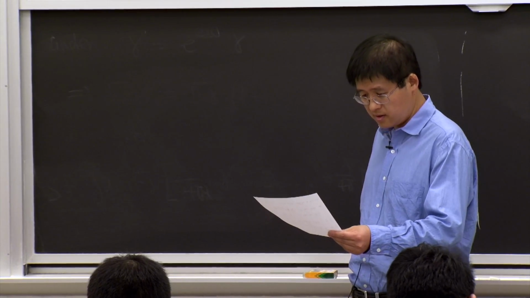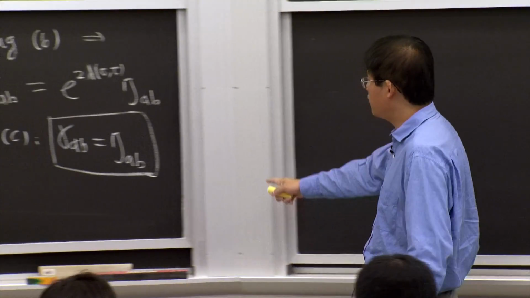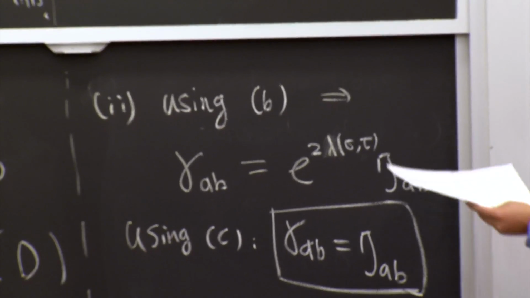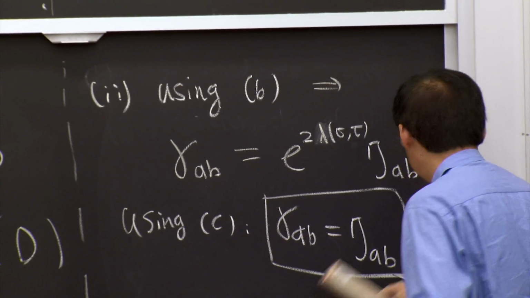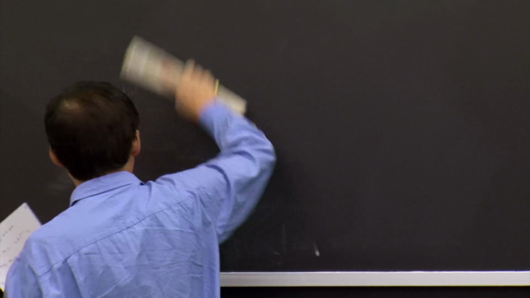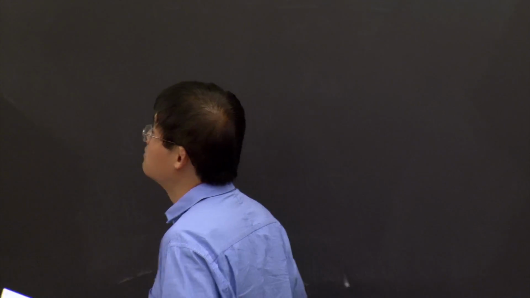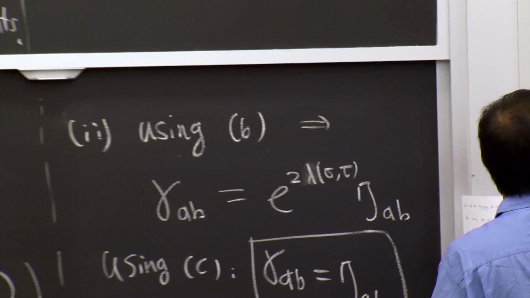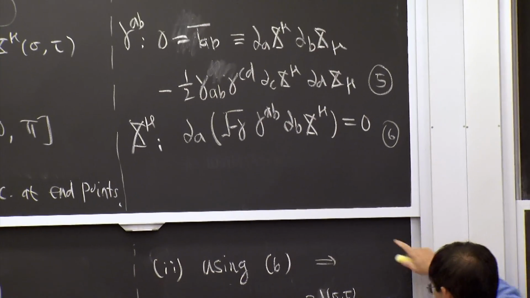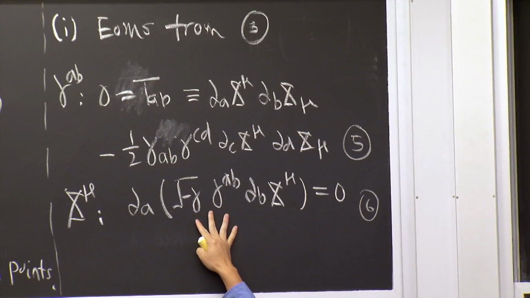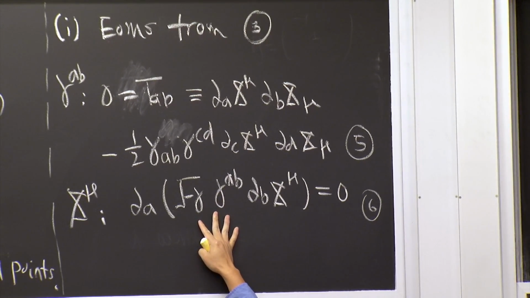Okay. So now with this gauge fixing, we can see how the equation of motion simplifies. First, we have fixed all gauge freedom. So let's look at the 6 first. 6 just becomes a free scalar equation, because when gamma AB becomes a Minkowski metric, this is just like a scalar field.